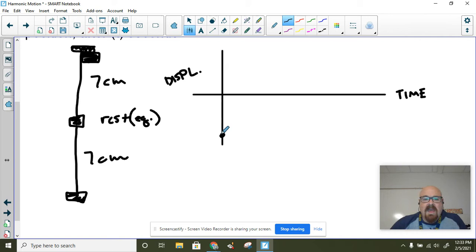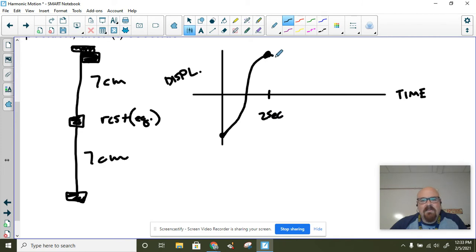So starting at a maximum displacement of 7 centimeters, and then as time goes by, it reaches its maximum displacement above. So, right, it's shooting straight up, right? And gravity and movement thus is not necessarily linear here, but it comes up, it passes its rest position, and then reaches its maximum displacement after 2 seconds. So this distance is 2 seconds, right?